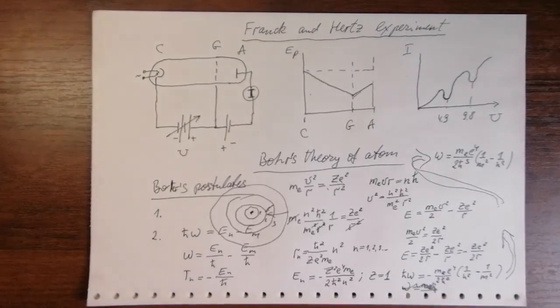And from a philosophical point of view, this theory was not so good, because it was partly classical and partly quantum. So it was not self-sufficient, I would say. There was some contradiction, because it was an attempt to combine classical mechanics with quantum mechanics.